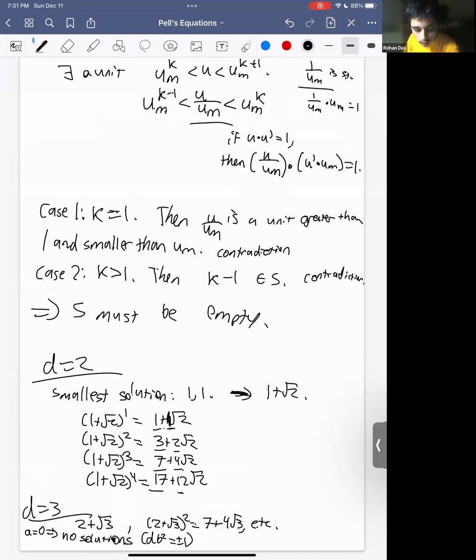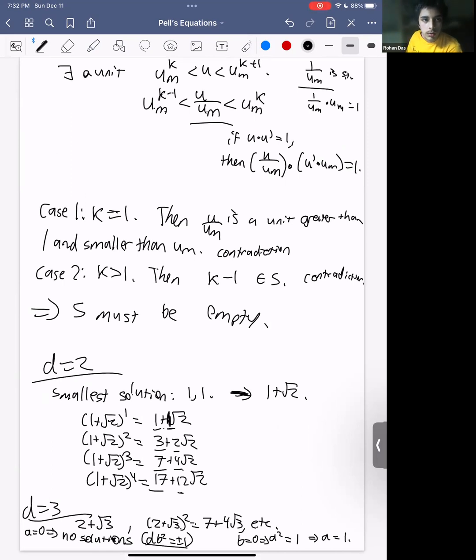So except for d equals 1, this cannot be true, because here d must divide 1, and that is not possible. b equals 0 would give a squared equals 1, so a equals 1.